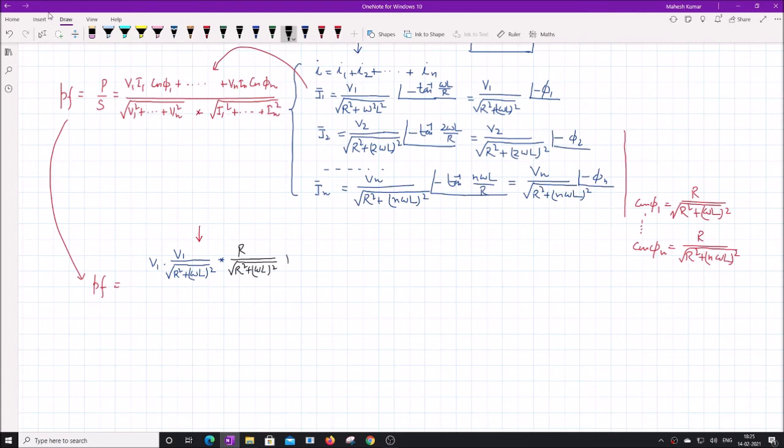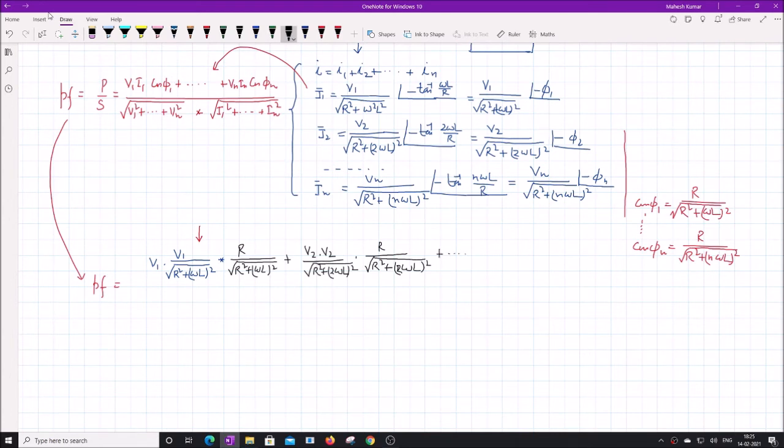The next term is V2 into V2 by the square root of R squared plus (2ωL) squared, and cos φ2 is R by the square root of R squared plus (2ωL) squared.